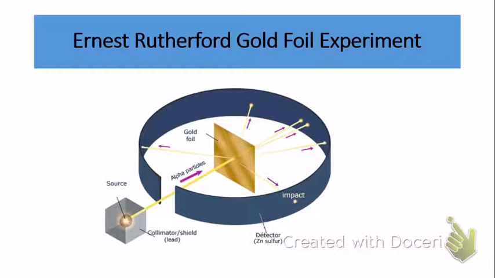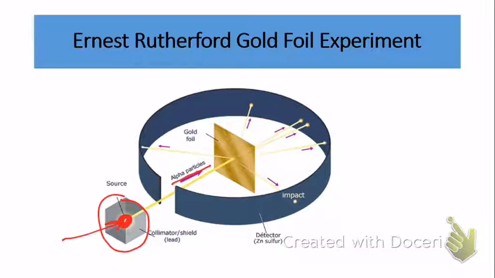It's simply set up this way. He has a box of lead that is going to be surrounded by a radioactive source material, okay? So this material is radioactive. And what it's going to do is shoot out radiation. Now, the type of radiation that is being shot out from the source are known as alpha particles.